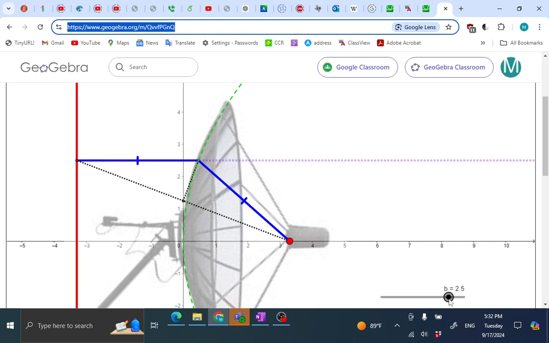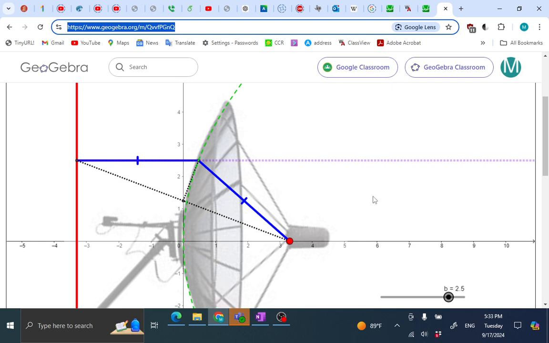But here, just to make the problem simple, we are assuming the satellite is far to the right, and so this green dotted line is where the parabola is. If you take that parabola and rotate it around this axis, then you get the paraboloid, and that's exactly what the satellite antenna is.